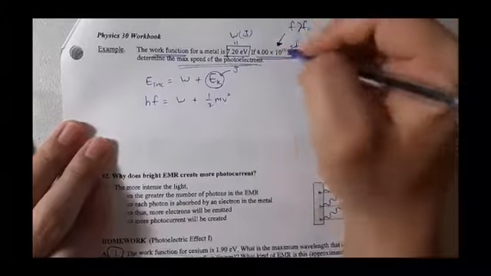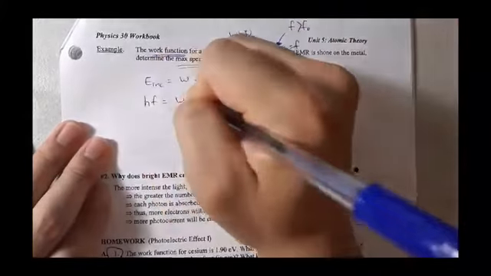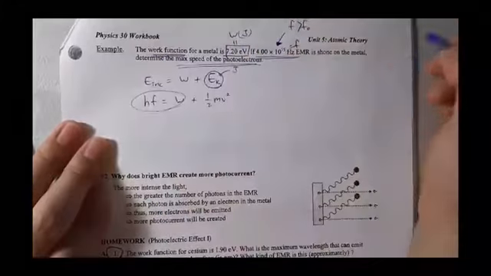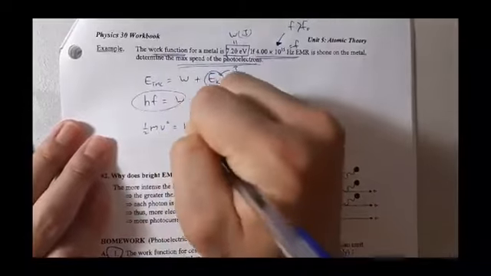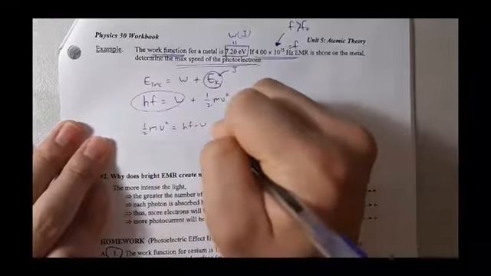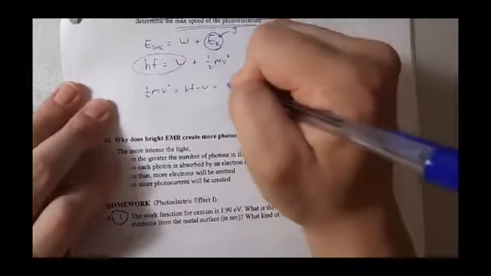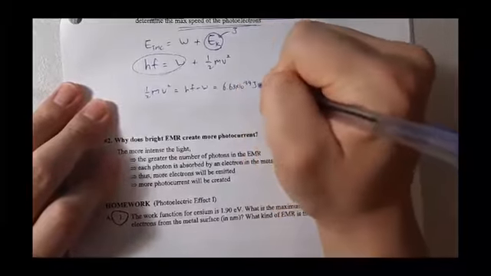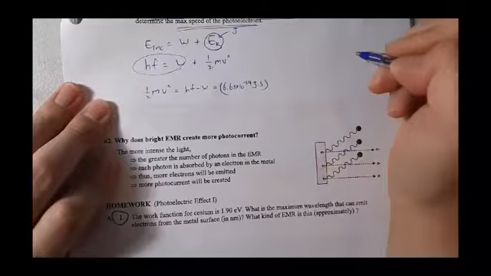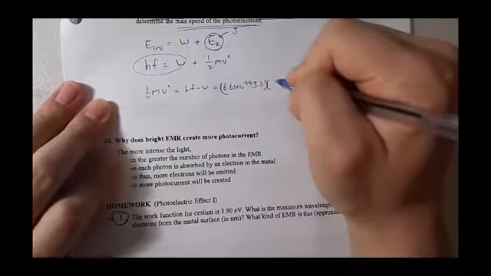Let's do these two calculations first. What I mean by that is 1 over 2 mv squared is equal to hf minus W. Let's do this portion first, which means I'm going to use joule. Like I said, kinetic energy uses joule. That's the only reason.